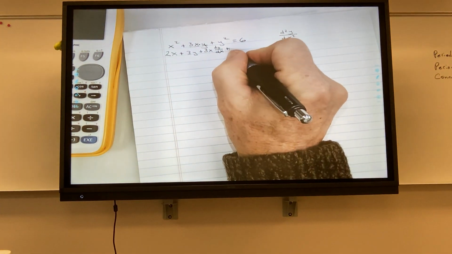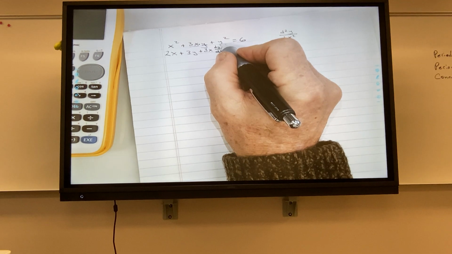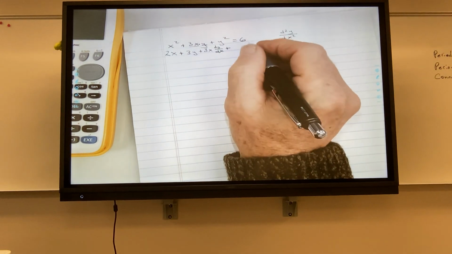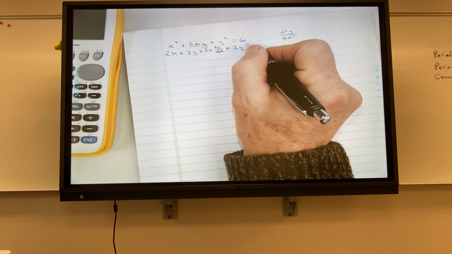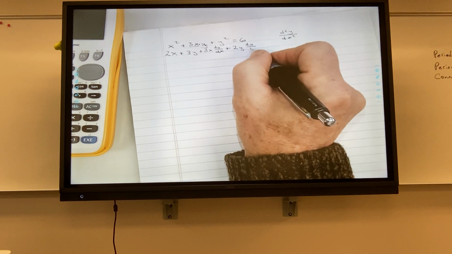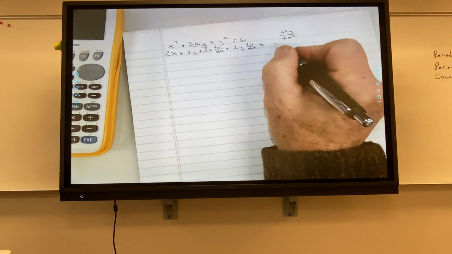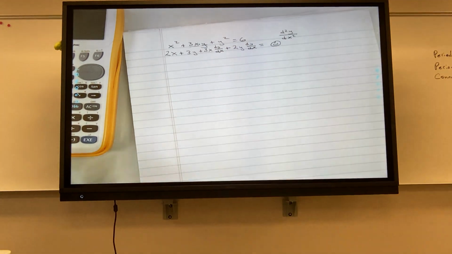Plus now the derivative of this, that would be 2y y prime, equals 0.